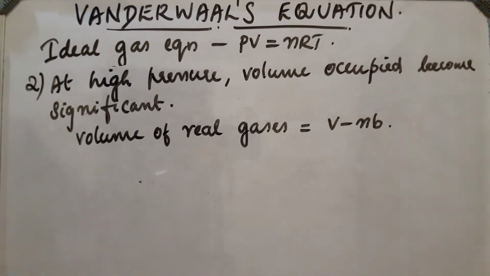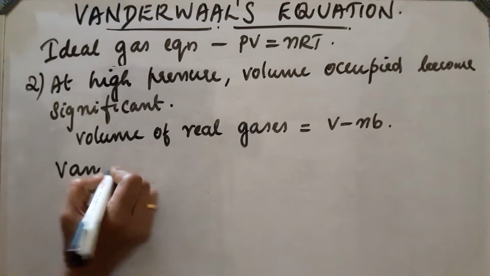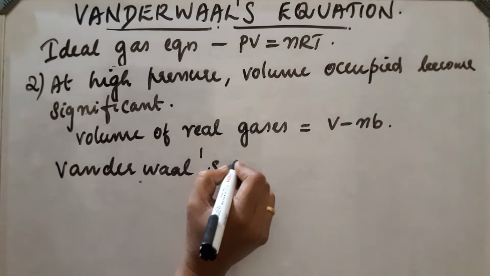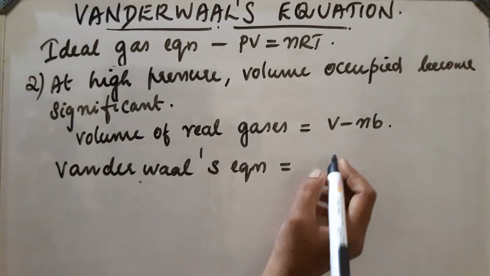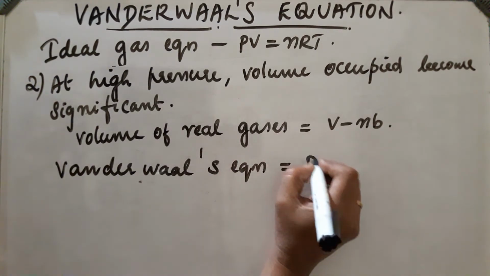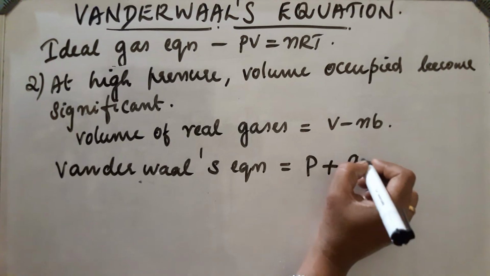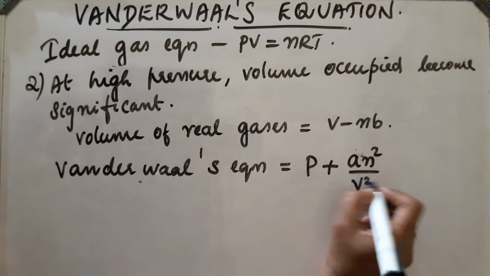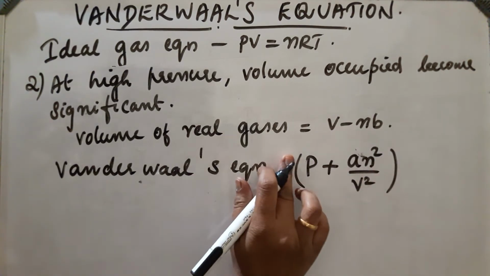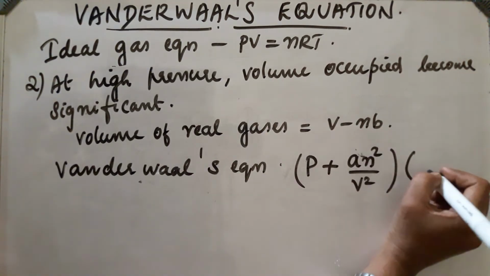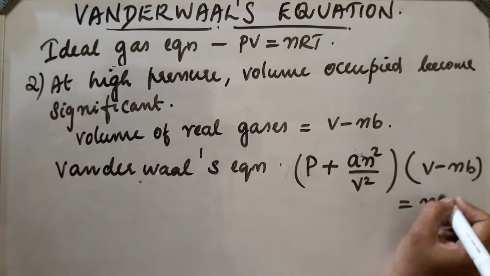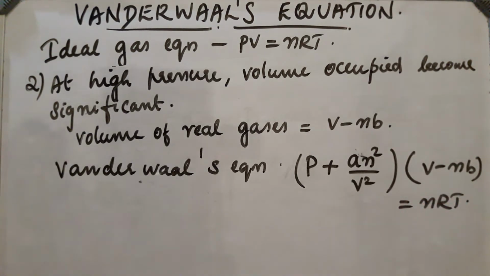So, the Van der Waals equation becomes (P + a n square by V square)(V - nb) = nRT. So, this equation is called Van der Waals equation.